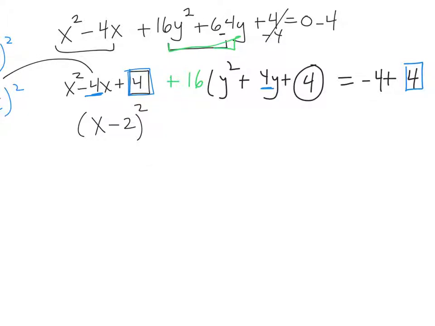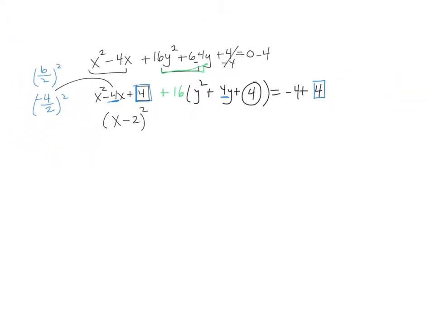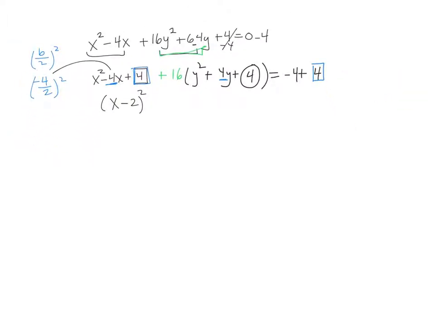That's the number we need. Let's scoot that down a little bit. So this would be plus 16 times y plus 2 quantity squared.